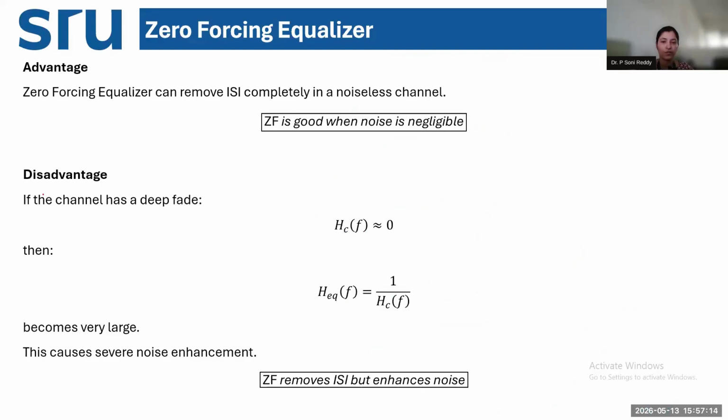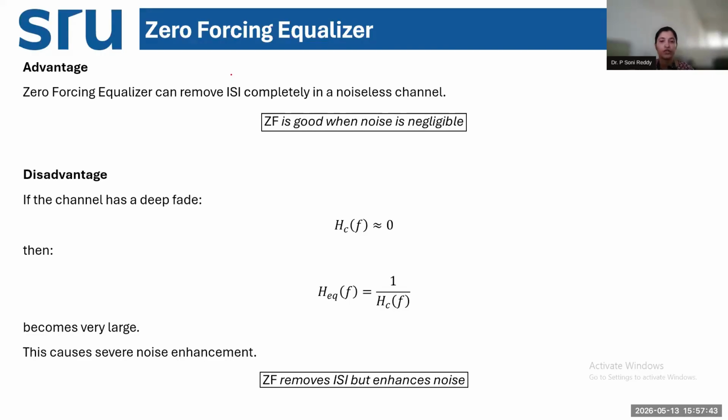But this holds provided the channel is noiseless. Channel noiseless means that there is no other unwanted signal present in the channel when the signal is passing through this wireless propagation channel. So when there is no unwanted signal added, the zero forcing equalizer is the best equalizer possible. This is your main condition here: if the channel is noiseless, then this is the best equalizer possible.